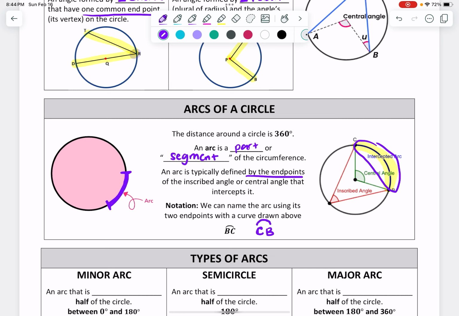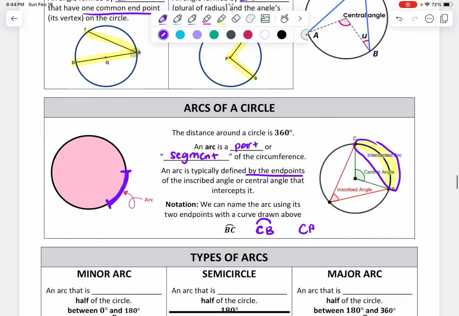The order of those endpoints doesn't matter, but I'm using those endpoints with a curved marking on top. Now, please be intentional that the marking looks curved, because if I do this, that looks more like a line segment from C to B, right? So I want to make sure that intentional curved marking is shown at the top, so I know for a fact we are talking about an arc and not a line segment.